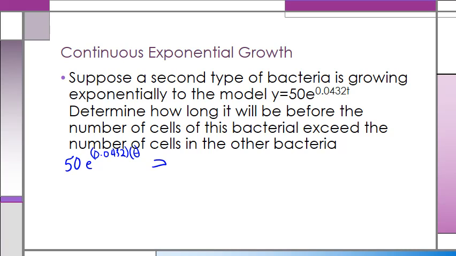Is greater than, and our other bacteria was 1,000 e raised to the power, we found k to be 0.0125. That's what we solved for in the previous example. Also times t. All right, so what should we do?